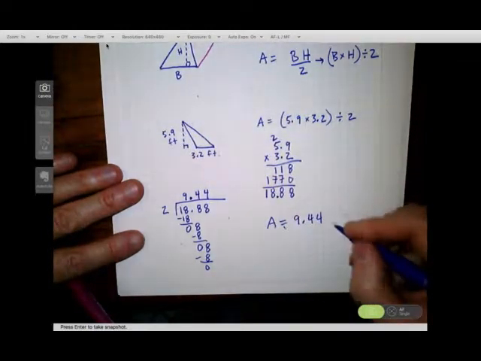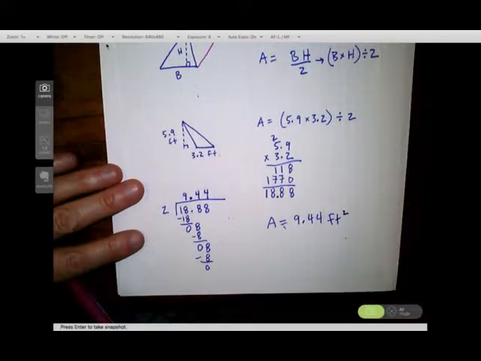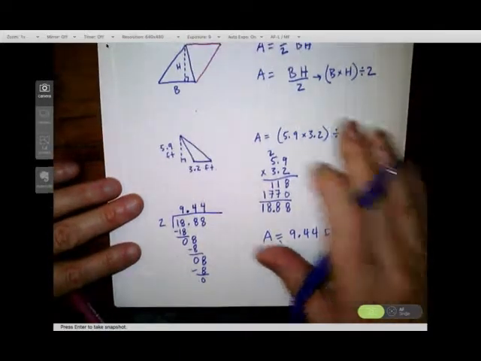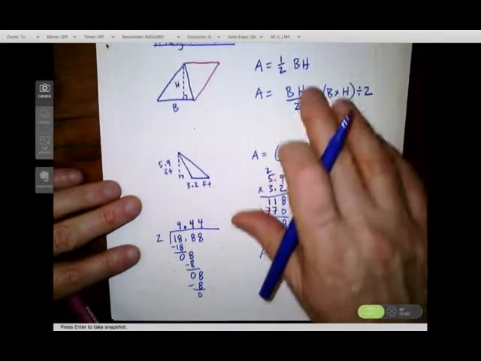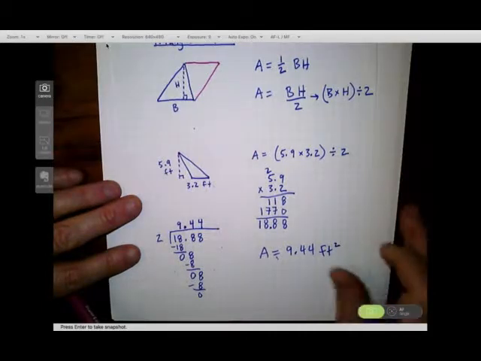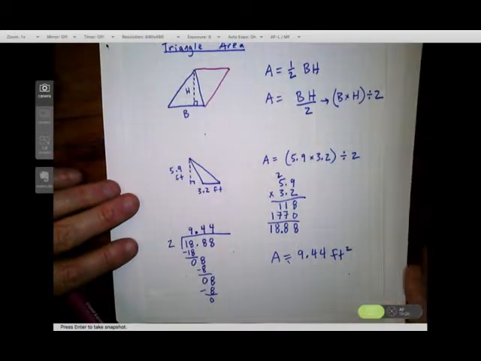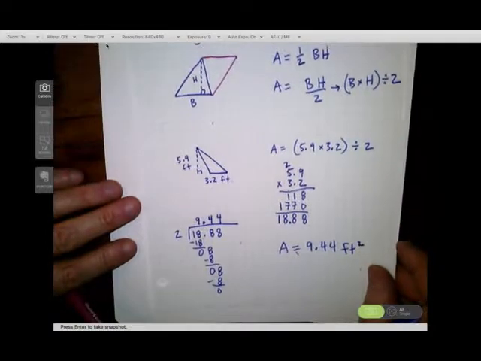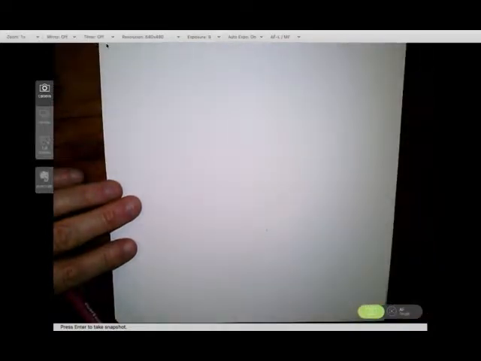We started with feet, so we've got feet squared. Okay, so area of a triangle, base times height divided by 2, or 1/2 base times height. Either way is fine.